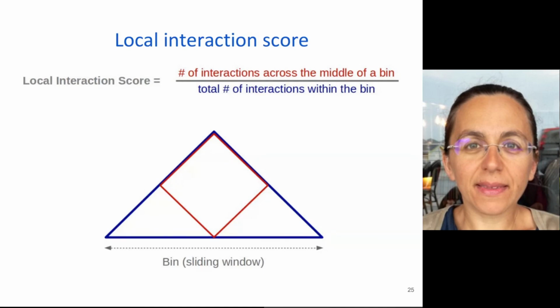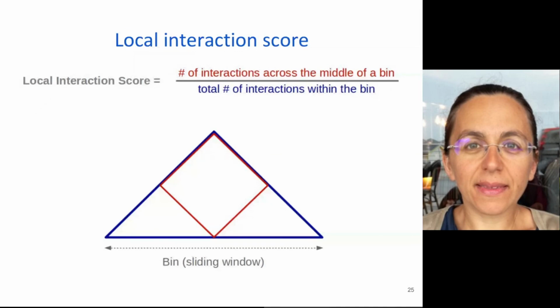We compute the number of interactions that cross the middle of the bin, and then the total number of interactions in this bin or sliding window, and we divide them. We expect that at the TAD boundaries this score would be quite low, because we don't expect many interactions to cross the TAD boundary if it's really a good TAD.